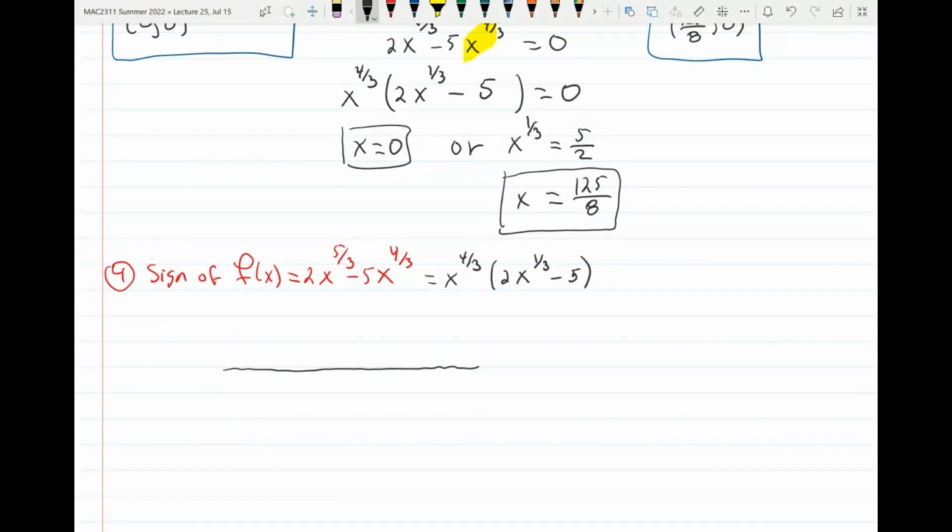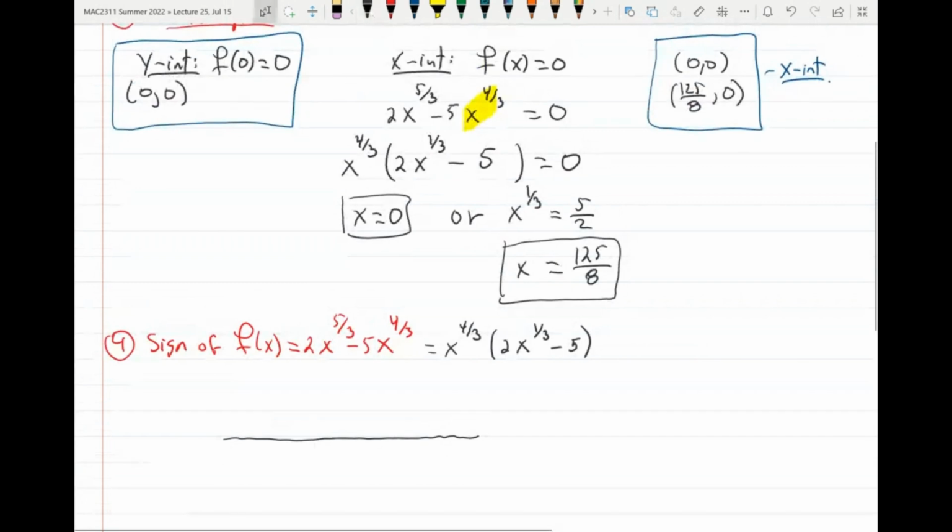So we do a number line, and then in this number line, what do we write? The zeros of the function, which we have, right? Those are the x-intercepts. So we have 0, we have 125 over 8, okay? And just to get an idea, what is 125 divided by 8? That's about 15.625.